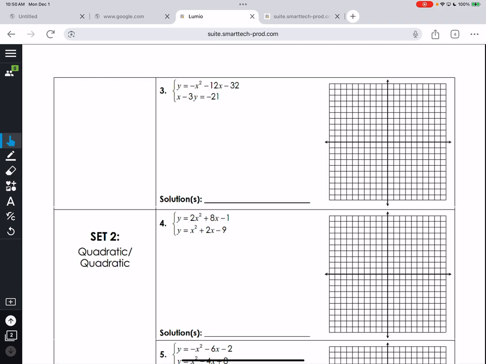So x plus 21 equals 3y, divide all that by 3, so y equals 1/3 x plus 7. And you could actually have fractions. Your y-intercept could be a fraction. Just in this case it wasn't, but the slope is.